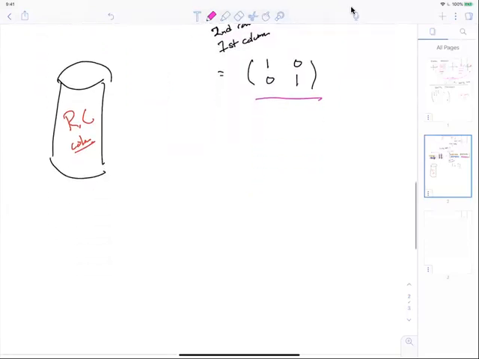So let's go ahead and talk a little bit about matrix products. So one thing that's important is because a matrix product corresponds to transforming things from right to left, it's important that the output of the first transformation matches this.